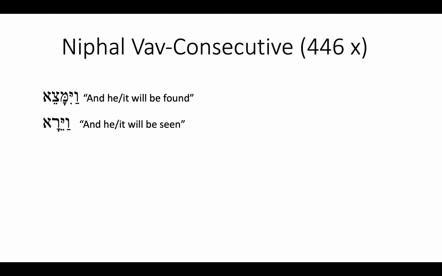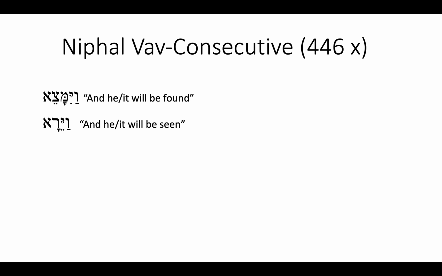What does it look like in vav consecutive? So in the top form, we have vayimmatse, and he or it will be found. So we have the e, a, e vowel pattern again. We also have the dagesh in the first root letter, as we might expect.